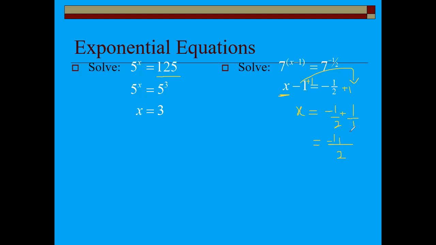Then 2 goes into 1 over 1, 2 times, times the numerator 1, will be 2. So this gives us 2 minus 1, which is 1 over 2. So the final answer is half. x equals half.